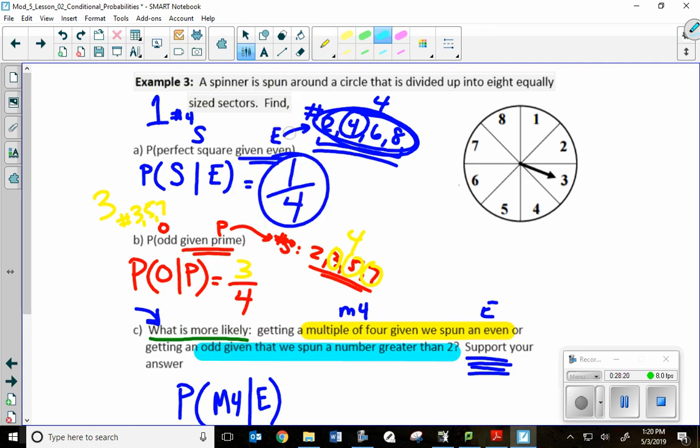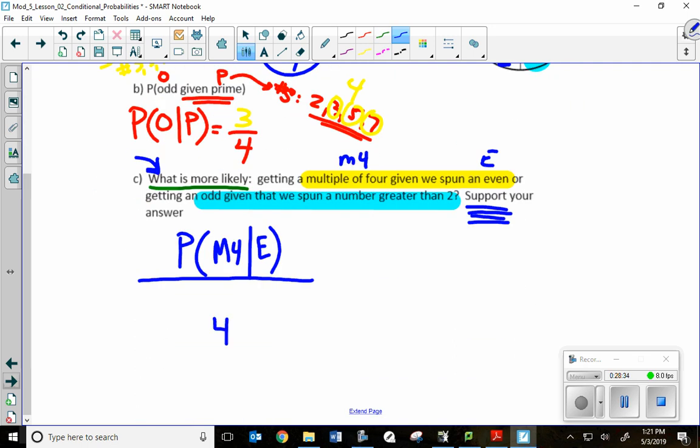Okay, highlighter. Even numbers, 2, 4, 6, 8. Nothing else matters. I have 4 things to choose from. So right now, out of my 4, which ones are multiples of 4? 2, 4, 6, 8. Which one of those are multiples of 4?